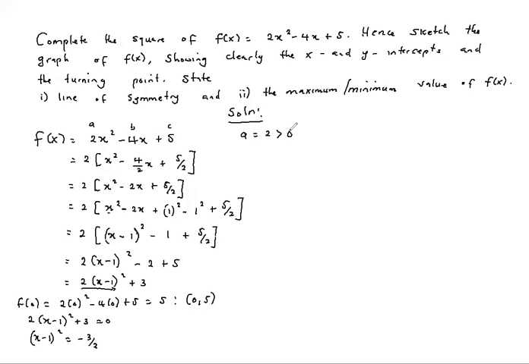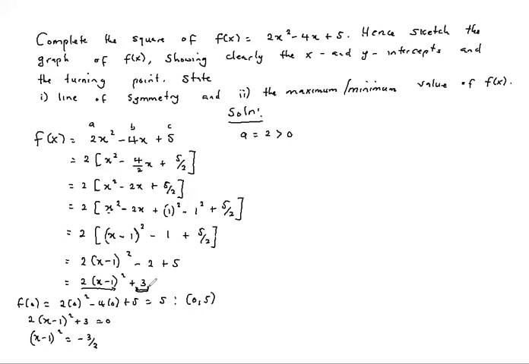And what's the turning point? The turning point is the line of symmetry coordinate, comma, the y coordinate, which is the maximum or minimum value. After you complete the square, your maximum or minimum value is the number here with its sign. If it is positive 3 the way it is, you pick it that way.